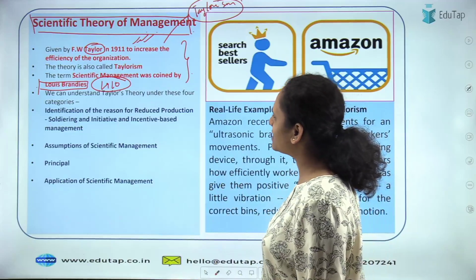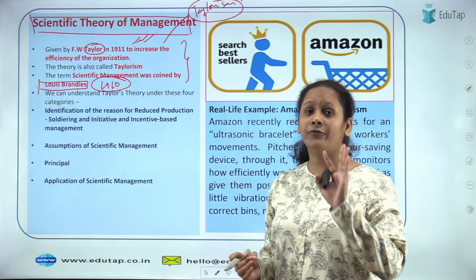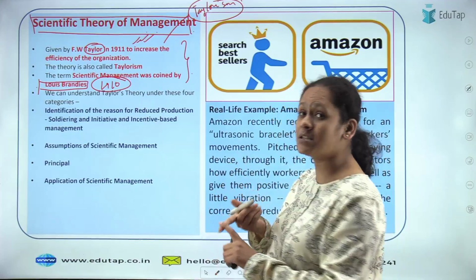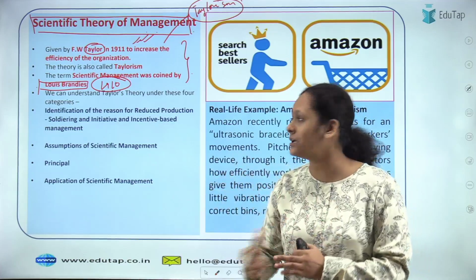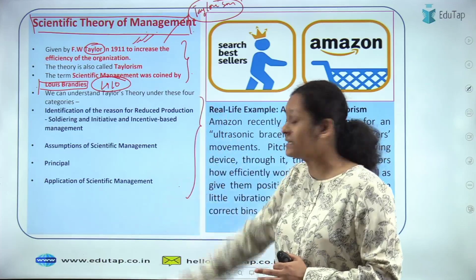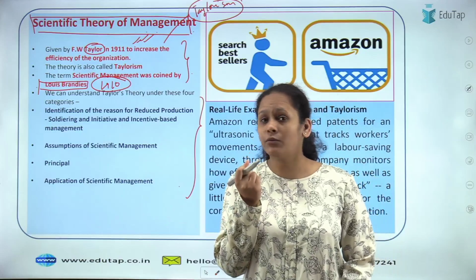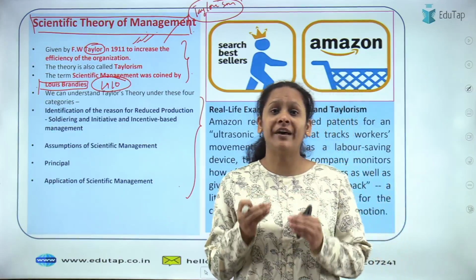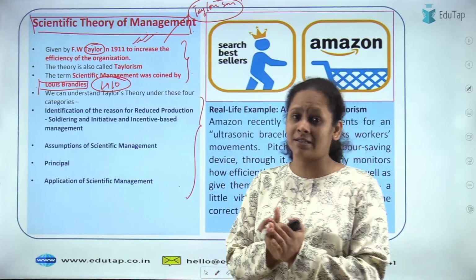Okay, when I say scientific management or Taylorism, there are four basic things which you have to keep in mind. The first thing is, let us understand certain history about Taylor so that you will understand this concept easily and why he came up with this theory. So Taylor was working in a factory as a general manager, wherein he saw certain flaws in the overall management process.